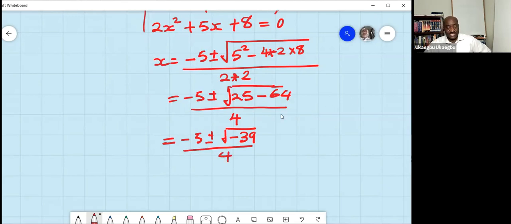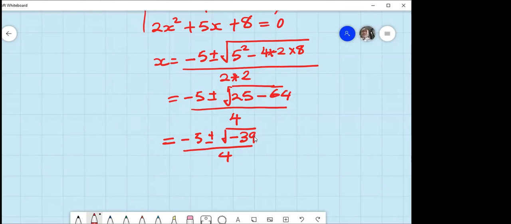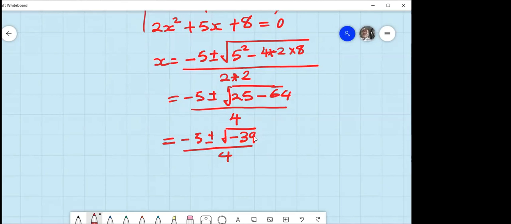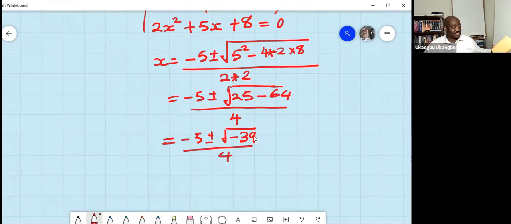Now, this example has actually made the point I was trying to make initially. If you look at this square root of negative 39, can you get the square root of a negative number? No. Even if you use your calculator and press square root of negative 39, it will show you error.